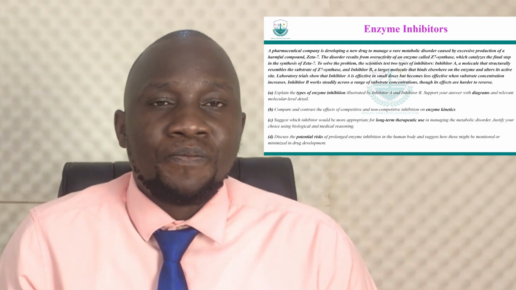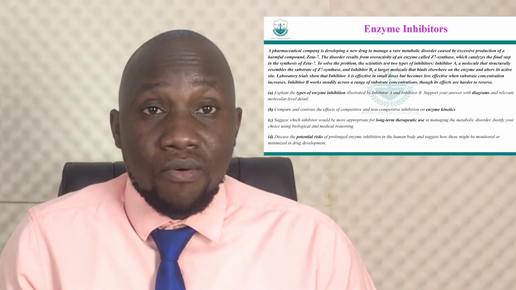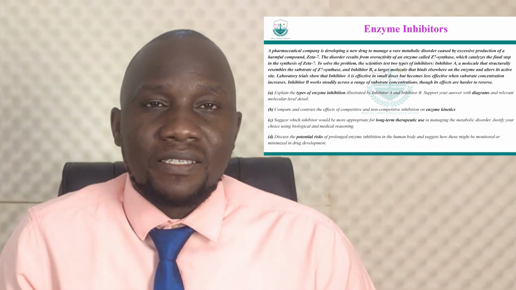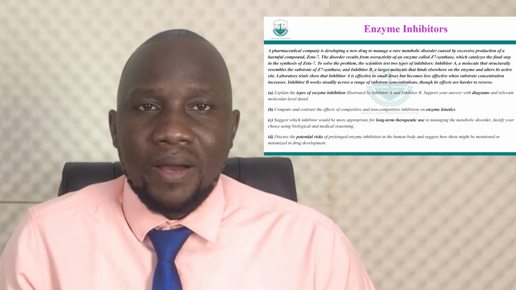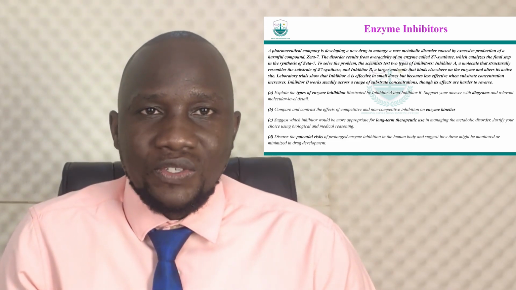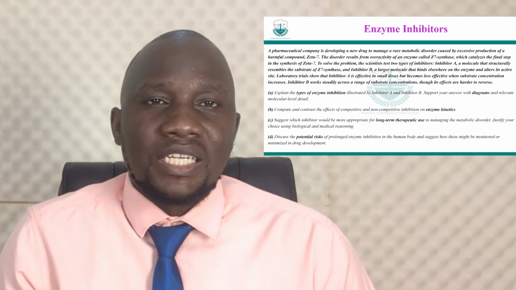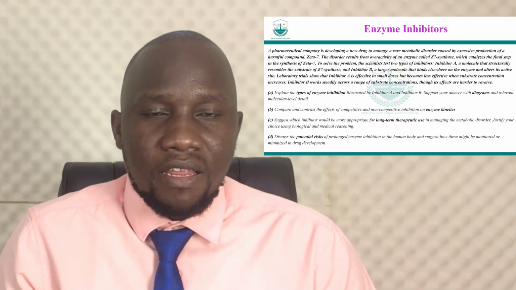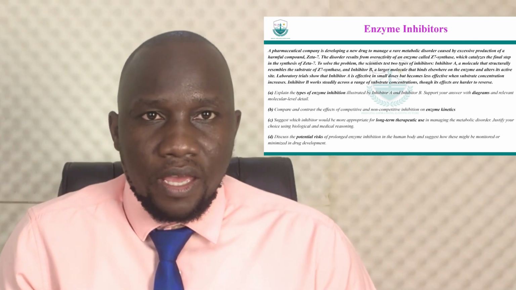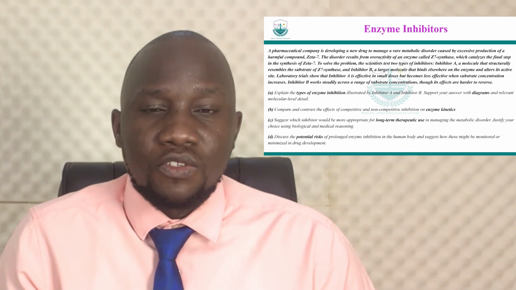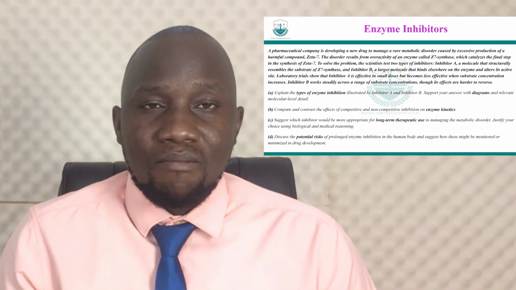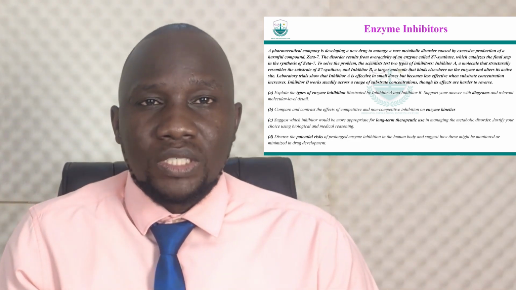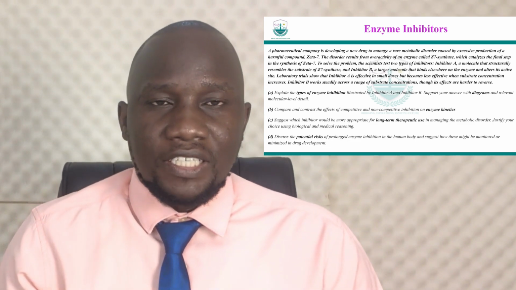And then for B, it does not resemble the substrate and binds on another part apart from the active site to cause the inhibition. So since it does not compete for the active site, it is a non-competitive inhibitor. Okay, and that therefore also is shown by the impact of substrate concentration on their activity.